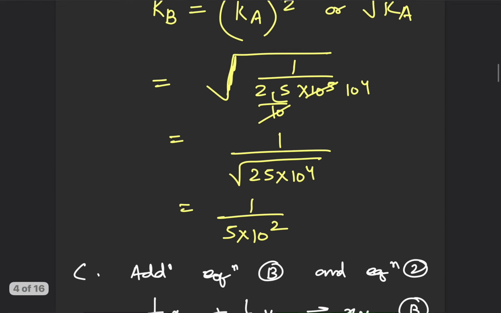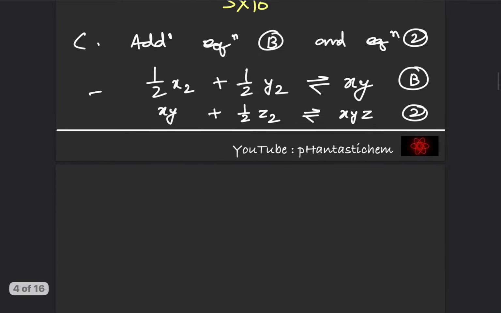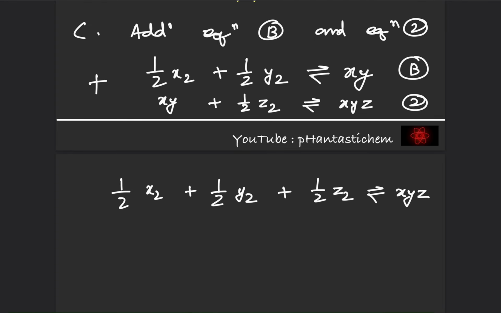If we add these two equations, we get half of x2 plus half of y2 plus half of z2 giving us xyz.